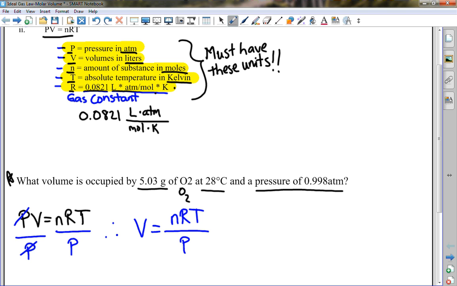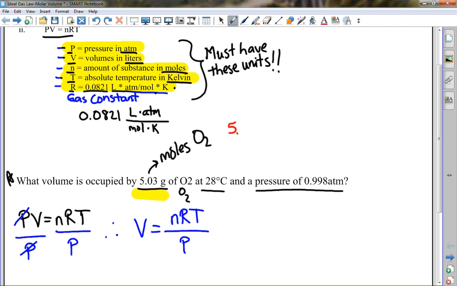So the first thing here in this equation is that we're given the grams of oxygen. We need to convert this into moles of oxygen. So let's do that one right up top here.